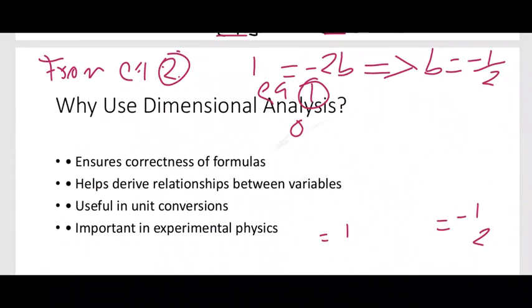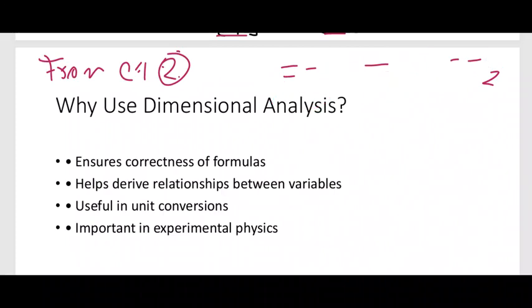Then let's talk about some limitations. I think I've already talked about a limitation, such as not recognizing the constant. The other limitation is that it does not recognize exponential functions or trigonometric functions.